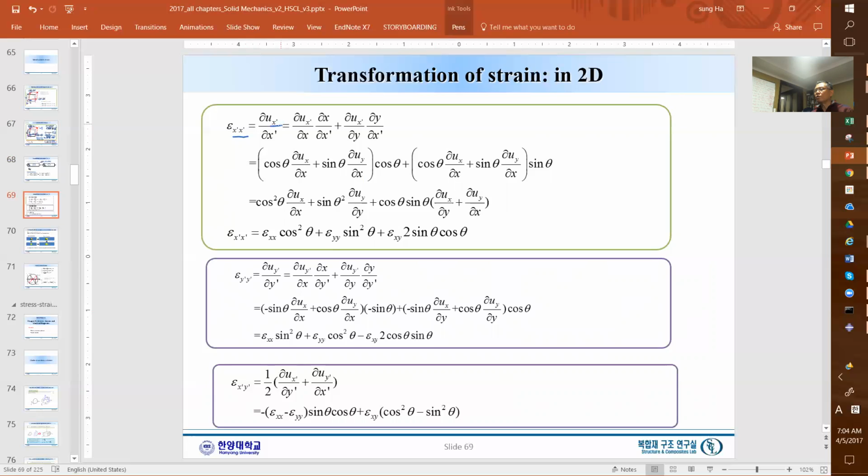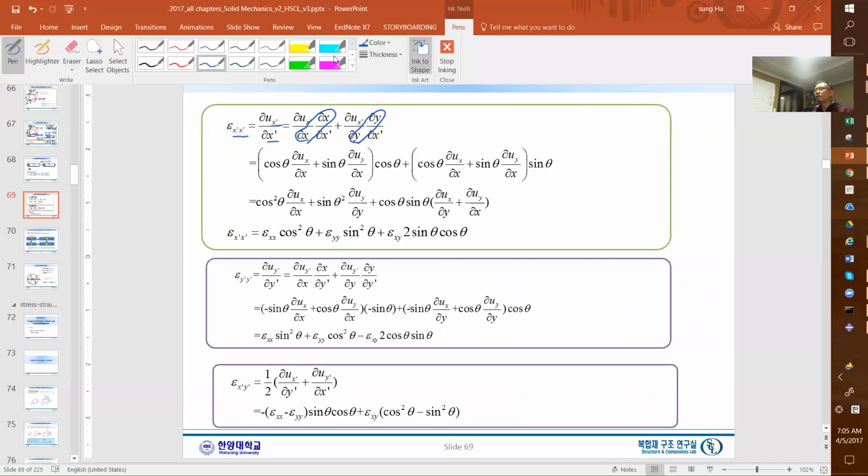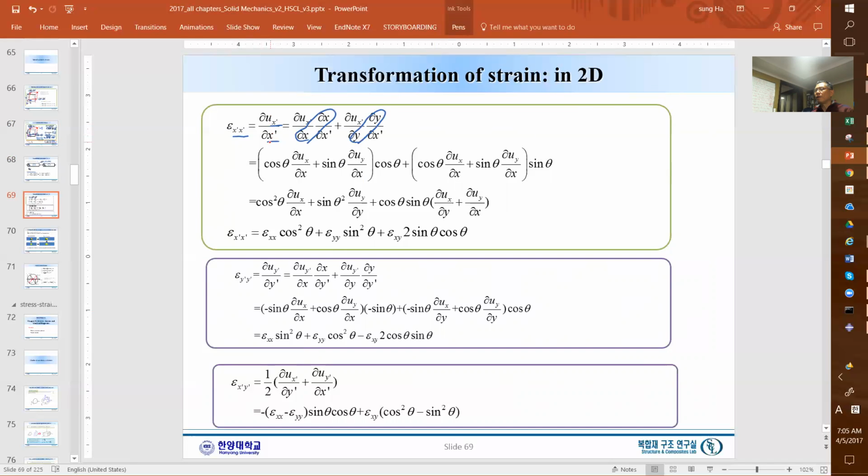Now, by definition, this will be x prime and x prime, and x prime we can differentiate using the chain rule. So you have x and y, and as you can see here, we have x and x and x and x. This is simply a chain rule.